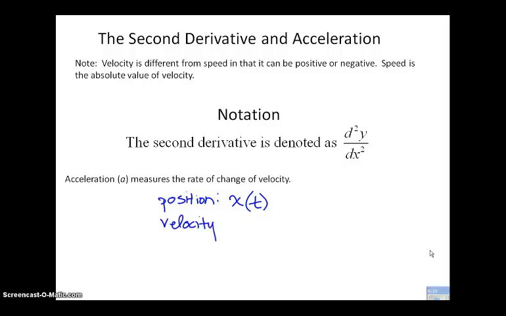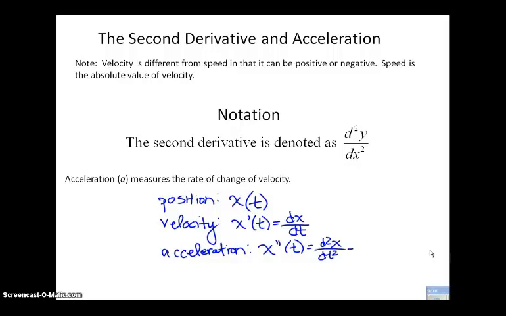Velocity is going to be x prime of t, or equivalently dx dt, and acceleration will be x double prime of t, or we could say d2x dt2. We could equivalently say it is v prime of t, or the derivative of v with respect to t.